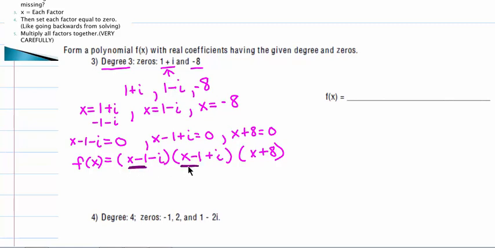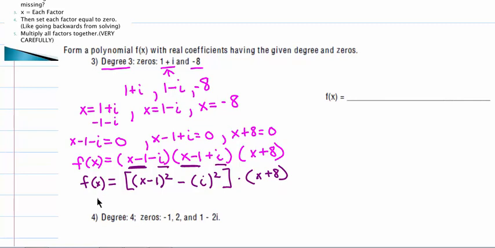So here I'm going to have x minus 1 squared, then minus i squared, because it's a difference of squares. So I set it up like this. f of x is equal to x minus 1 squared minus i squared. Then I still have times x plus 8.